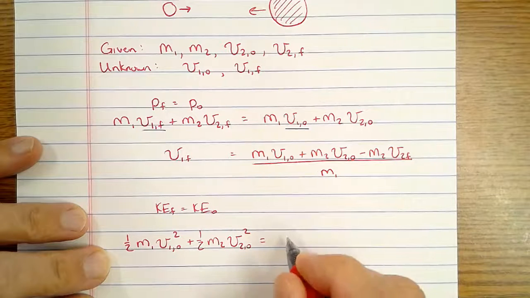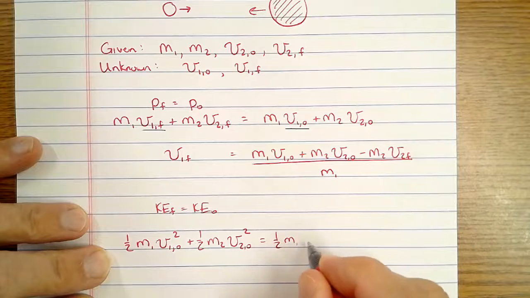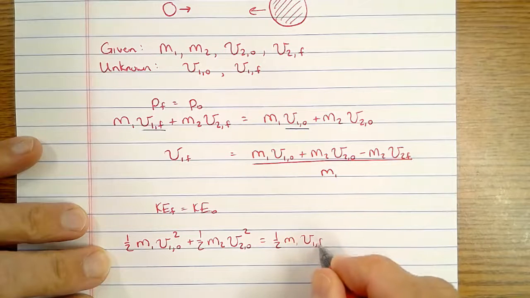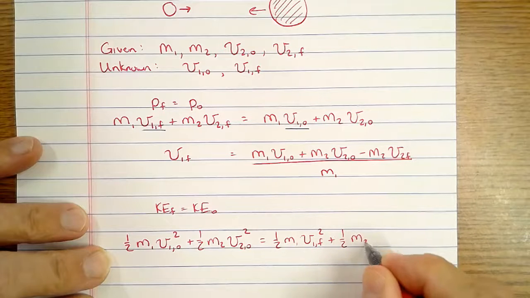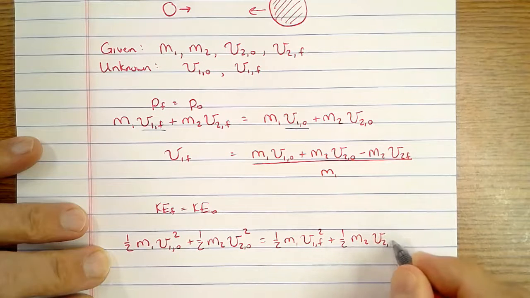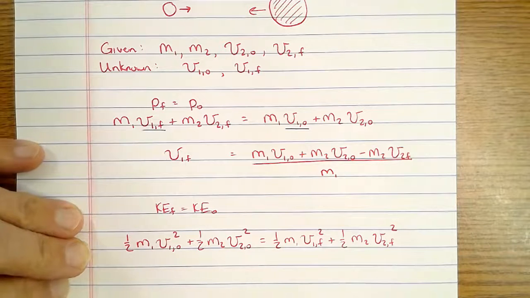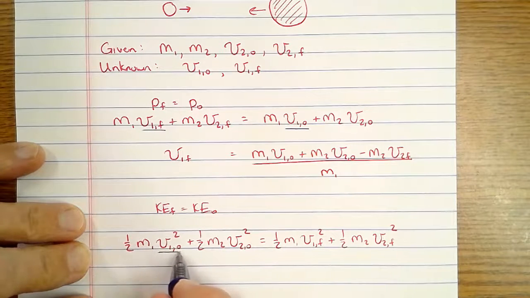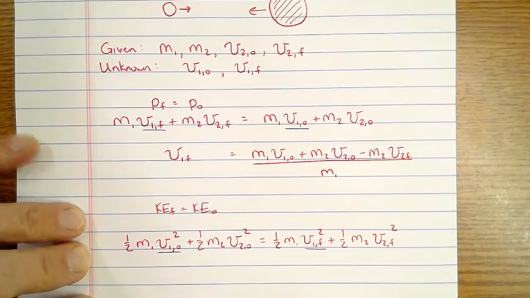And that's got to equal the energy after the collision, which is 1/2 mass 1, velocity of object 1 final squared, plus 1/2 mass 2, velocity of object 2 final squared. And again, the things we don't know are the velocity of object 1 initial and the velocity of object 1 final. Okay?